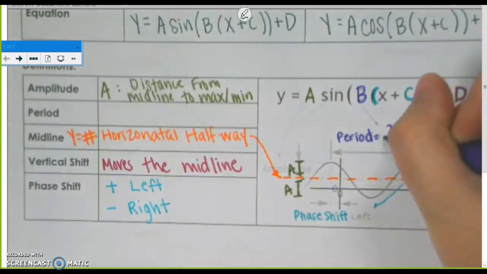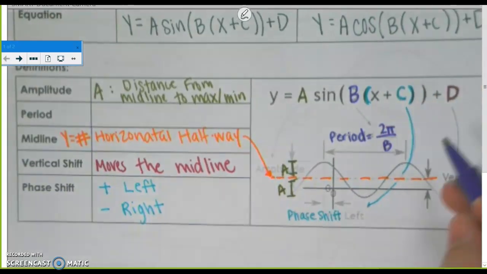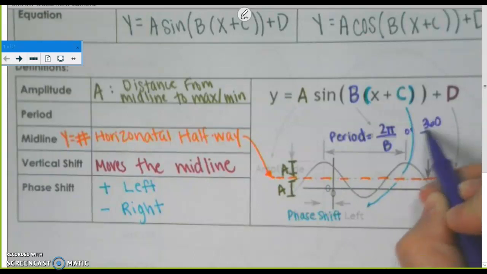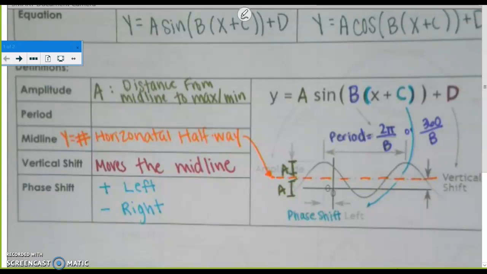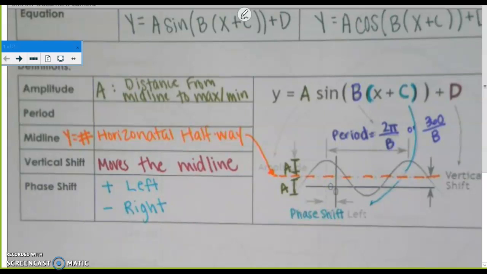It's equal to 2 pi over B, or 360 over B if it's in degrees, because 2 pi and 360 are the same. It's just one is in radians and one is in degrees. But the period is essentially like the wavelength.